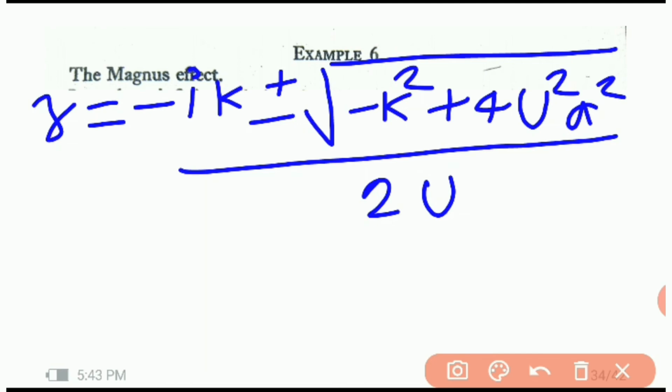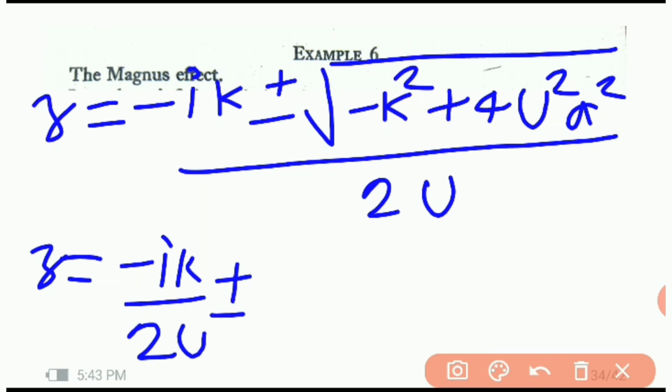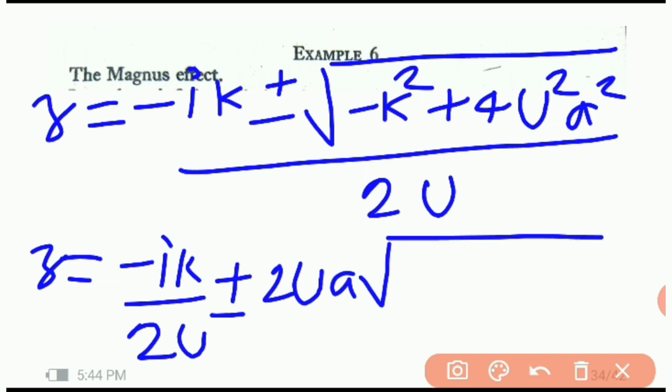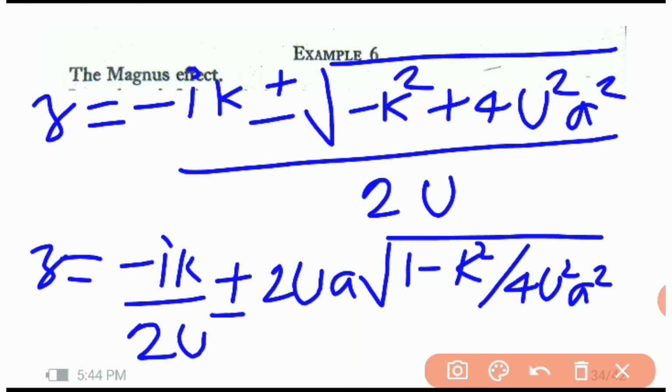And therefore this z can be written as z is equal to minus ik upon 2u plus or minus 2ua root 1 minus k square by 4u square a square upon 2u.